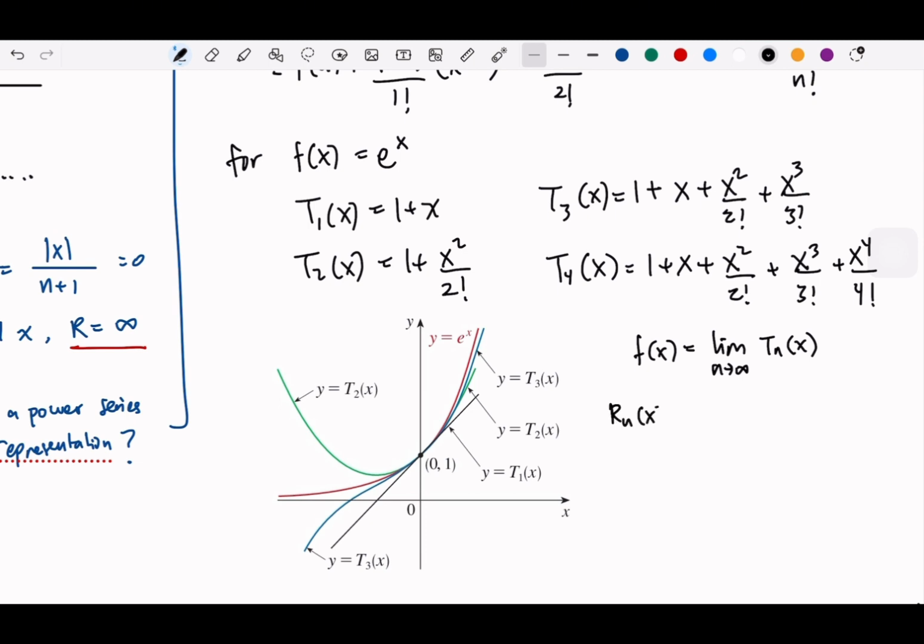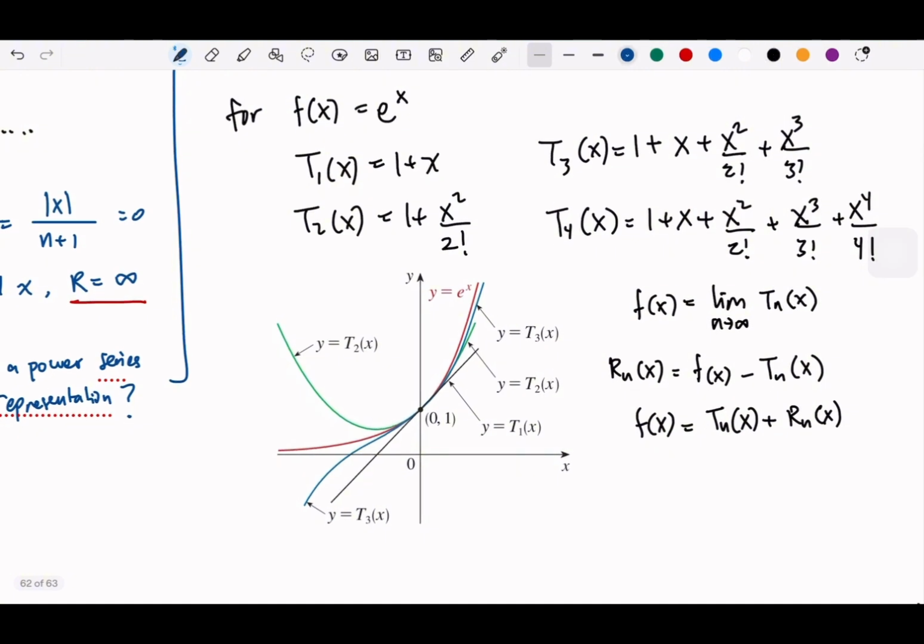Then we can write that the remainder is the difference between the function and the partial sums. Or we can write f as the partial sum plus R, the remainder. This is called the remainder.